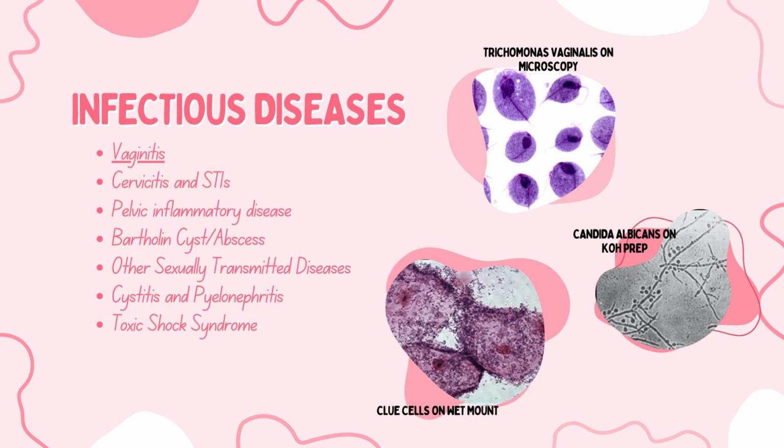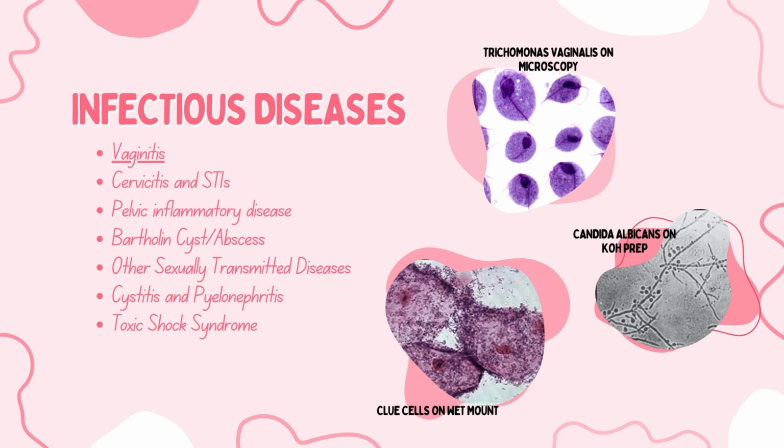Candidiasis is next. So, etiology, the most common is Candida albicans, and this in general is the most common opportunistic pathogen. When I talk about HIV later, we're going to see that for sure. Risk factors include really anything that will cause immunocompromise.